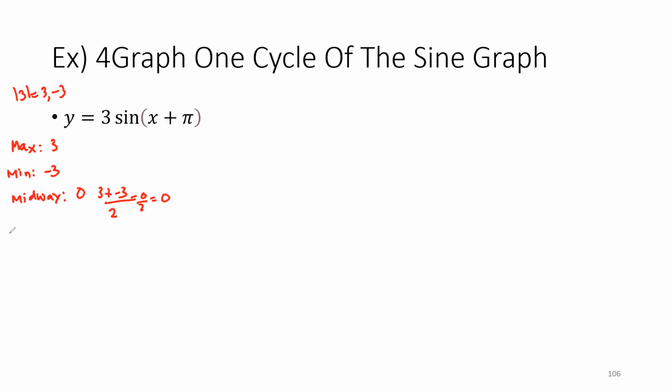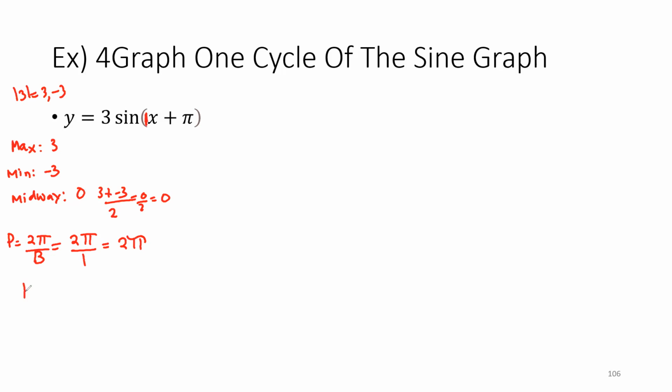Our period is 2 pi over b. So it's 2 pi, and then our b value is the number in front of x. So there's no number here, so that means there is an invisible 1. So that is 2 pi. Okay, now we do have a phase shift.